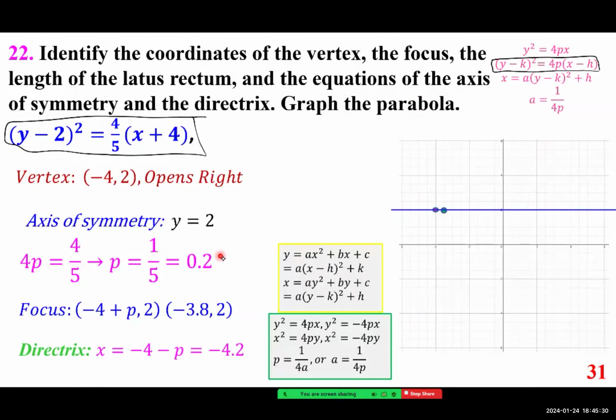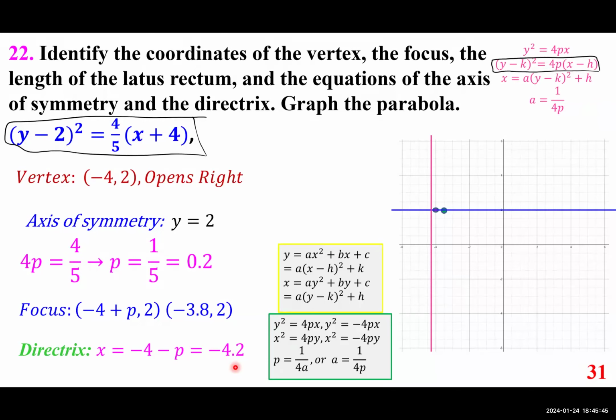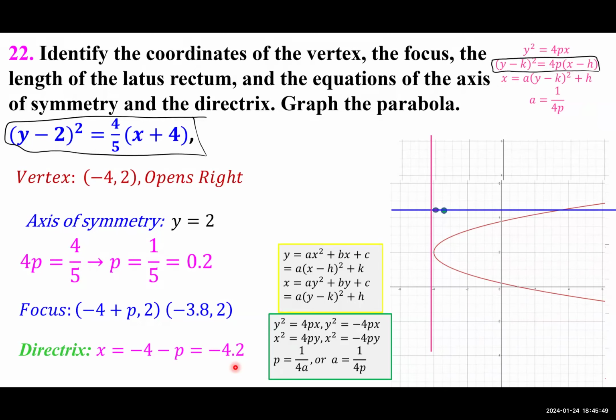So -4 minus p, which means -4 minus 0.2, which means -4.2. And that is the directrix. This is the graph.